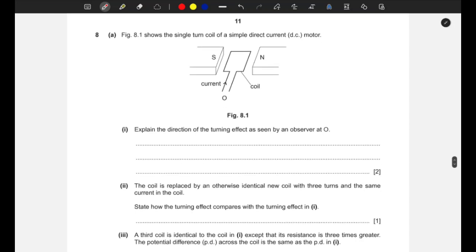Question 8a. Figure 8.1 shows a single turn coil of a simple direct current motor. So it's a DC current, which means the coil would only be rotating in one direction.